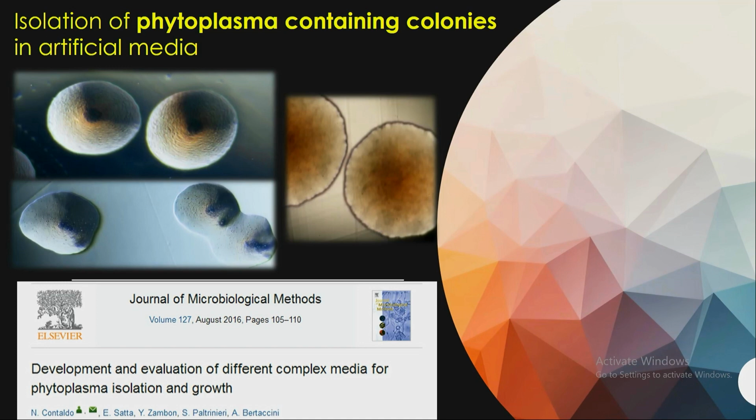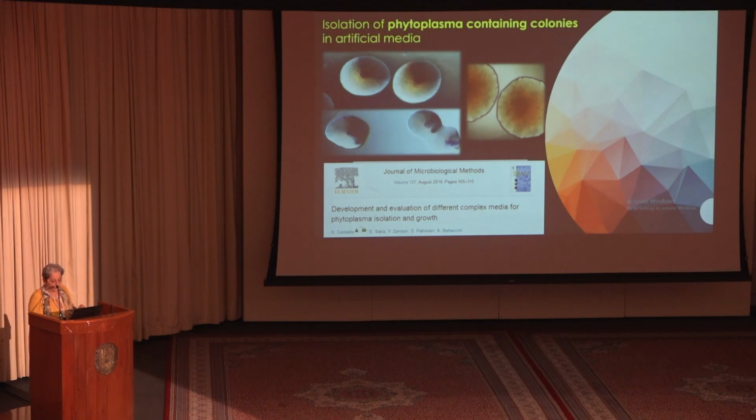We, in Bologna, for 10 years, but I started in 1983, not 10 years ago, together with Dr. Contaldo, who is here, were able to isolate and produce colonies containing phytoplasma in artificial media. What I show you is the second paper, because the first paper we published did not have the recipe to do this. This has all the media we used and we are using. So everybody can try just following this 2016 paper.